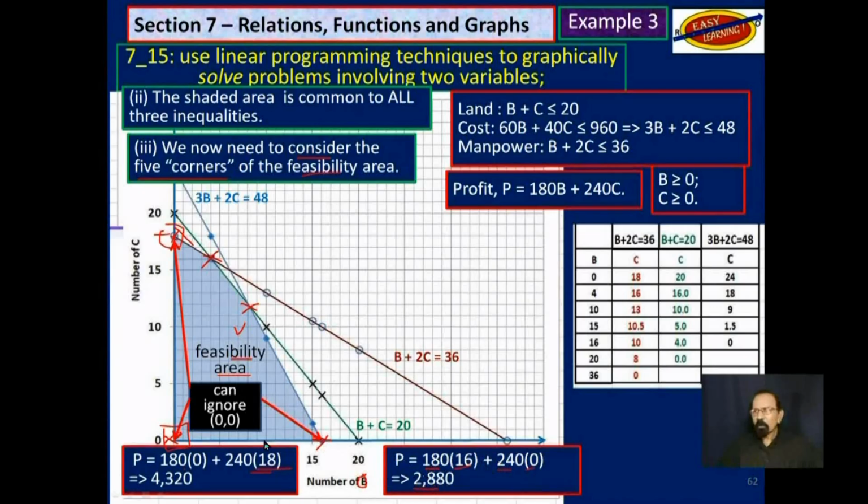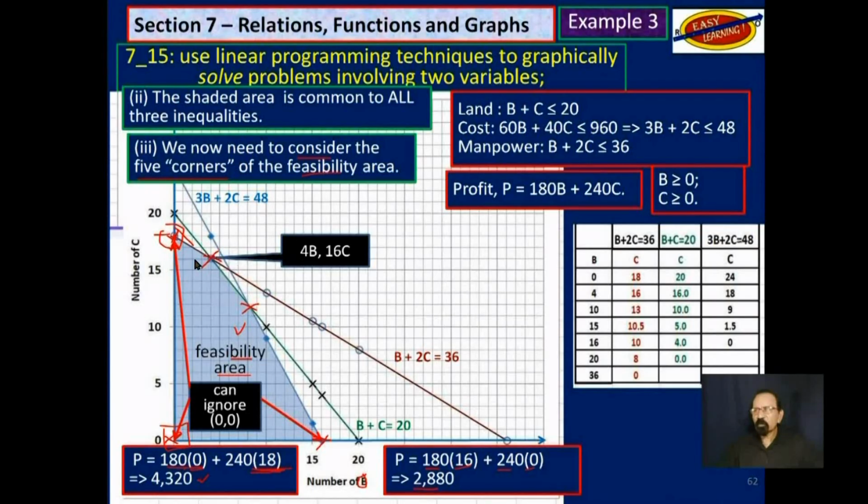Or we can consider this point up here, where we now have 0 barley and 18 corn. If we calculate that, we get a profit of $4,320. That's for those 3, which generally will not be your answer. Your answer will be one of the other 2 points.